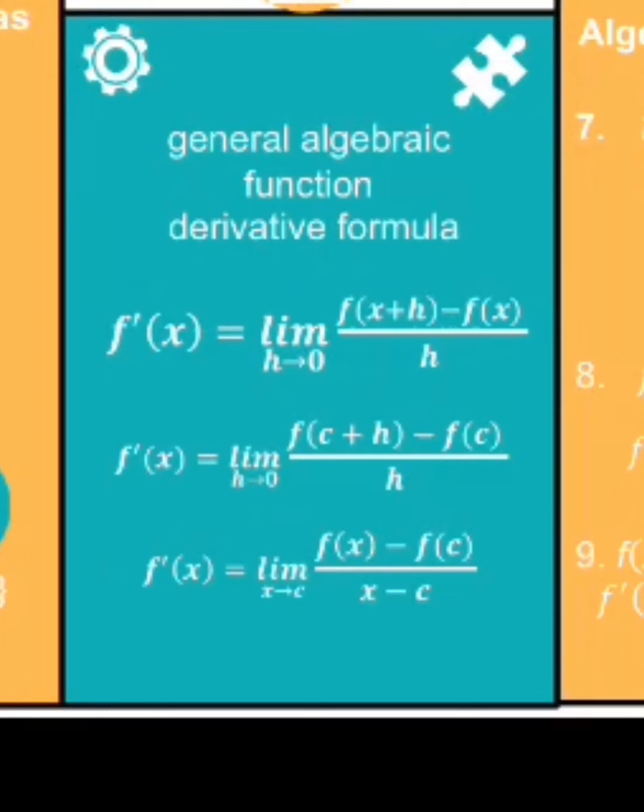First, we discuss about general formula. There are 3 types of general formula. Number 1, f prime x equal lim h approach 0 of f of x plus h minus f of x over h. 2. F prime c equal lim h approach 0.